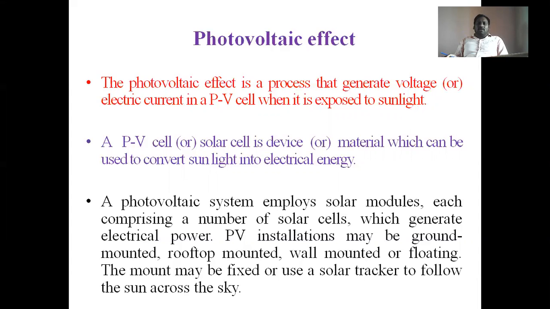That means here in the photovoltaic effect, we use a PV cell. This PV cell is a device or material. What is the function of a PV cell? It can convert sunlight into electrical energy, or solar radiation into electrical energy, or solar energy into electrical energy.